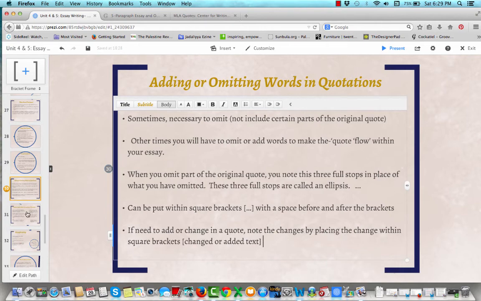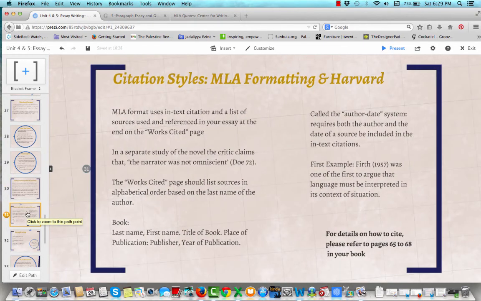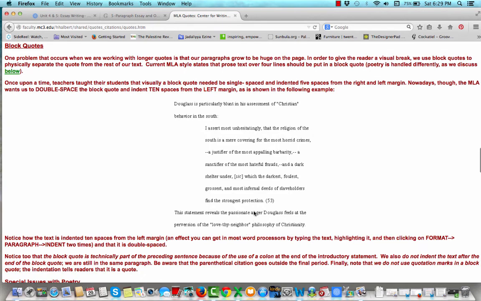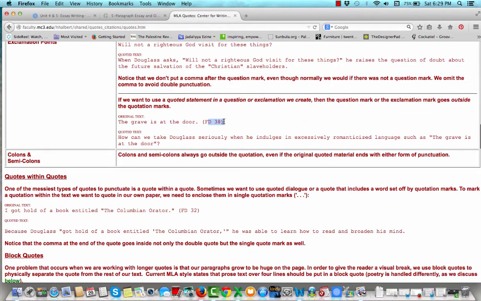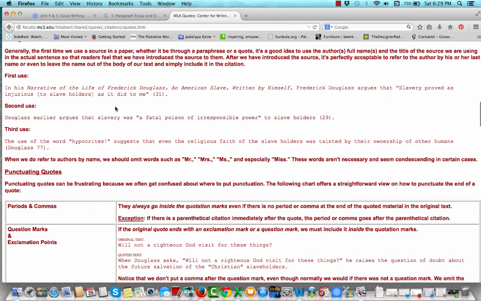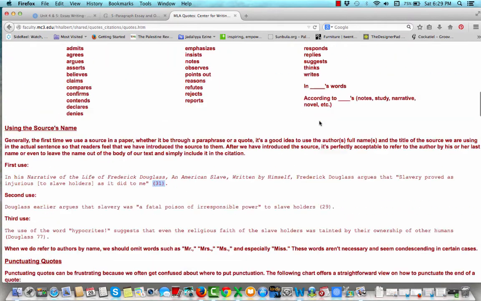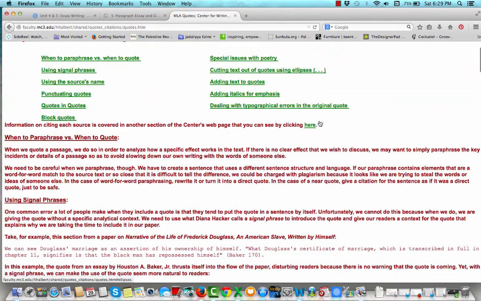Okay, let's move on. All right, so back to the citation styles. Now, there are different types of styles. Go back to this. All right, take a look at 53, for example, or FD 38 over here, FD 32. All right, guys, 31, 29. These are all in-text citations.